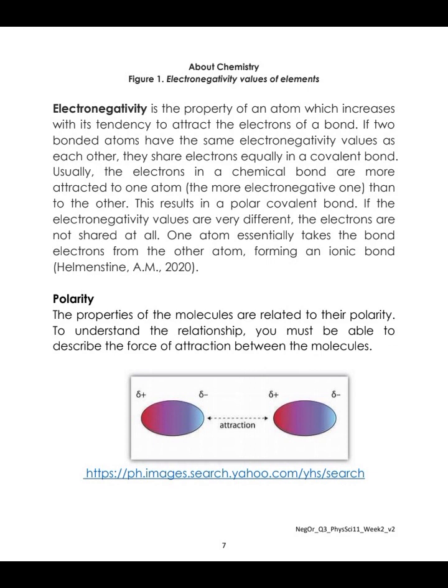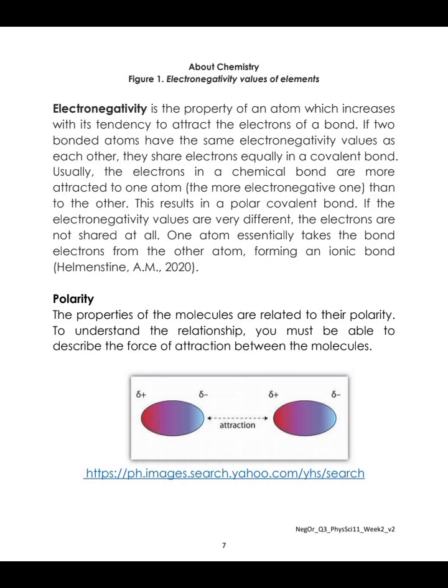If the electronegativity values are very different, the electrons are not shared at all. One atom essentially takes the bond electrons from the other atom, forming an ionic bond, which means that electronegativity is the property of an atom which increases with its tendency to attract the electrons of a bond.